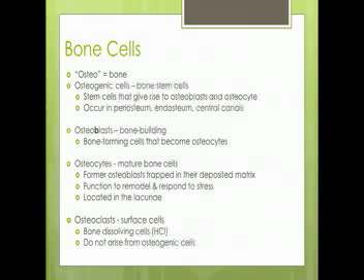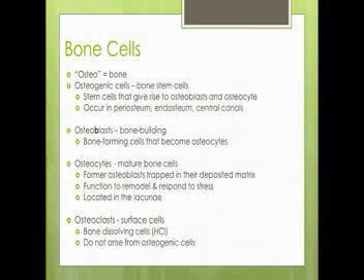The first line of cells that we're going to look at are the osteogenic cells. These are the bone stem cells. These bone stem cells give rise to the bone building cells, meaning the cells that make bone increase in strength, increase in size. And those are called the osteoblasts and osteocytes.